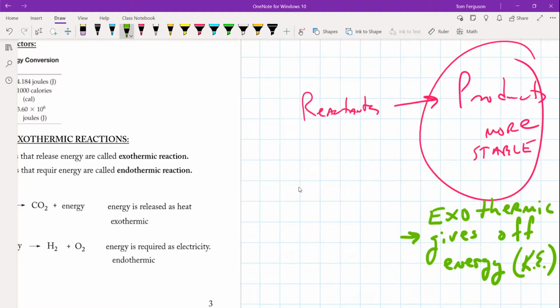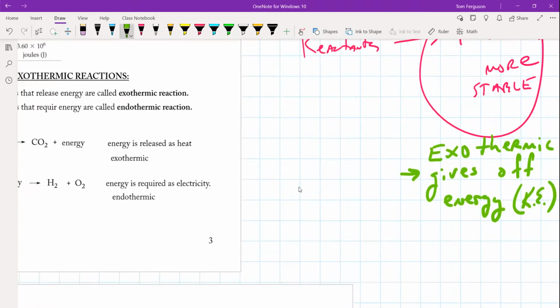Remember, kinetic energy is the energy of motion, energy of molecules vibrating and moving from place to place, all that good stuff. And usually it's measured in temperature. So if we're giving off kinetic energy, that means what? Giving off heat as well? Yep, exactly. So the reaction gets hot.